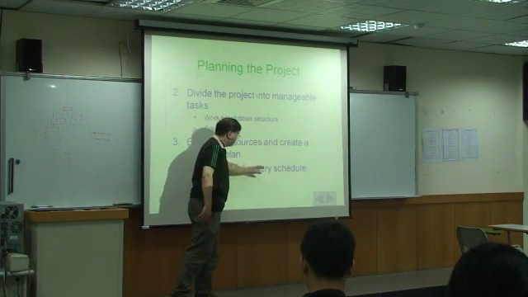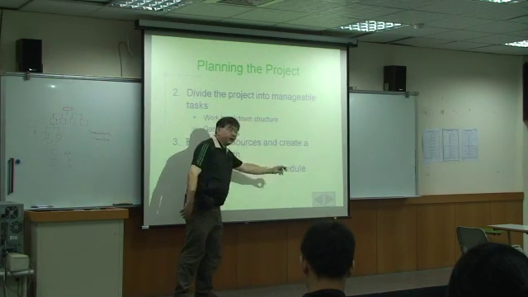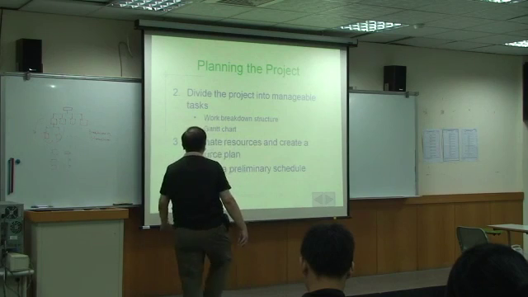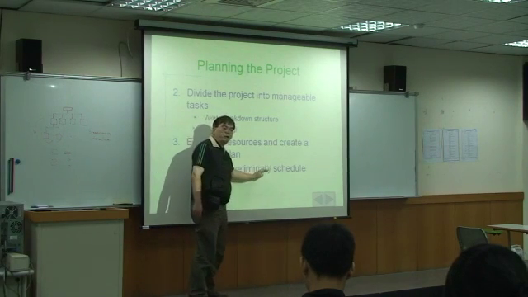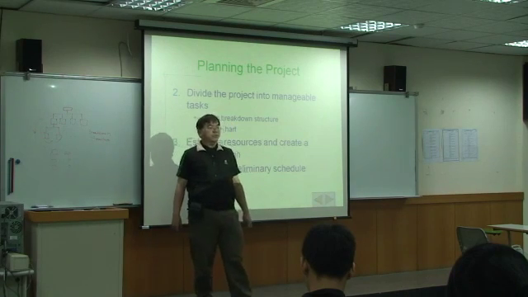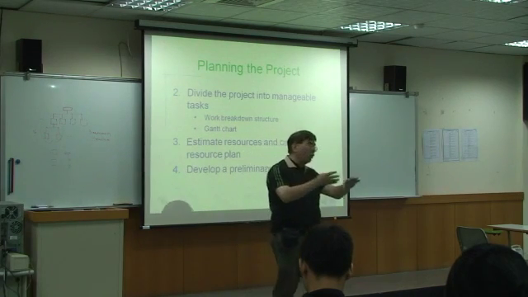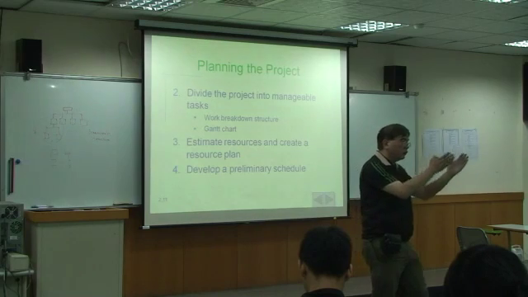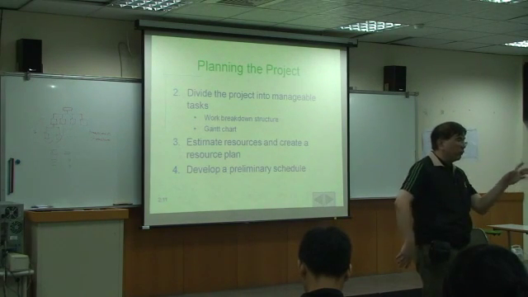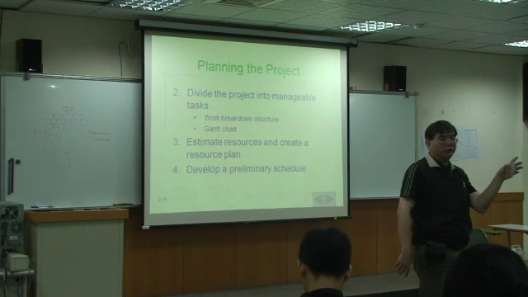Develop a preliminary schedule. This means, based on the Gantt chart, we can do the time breakdown structure. The time breakdown structure means we can cut our time into segments. For each segment of time, we have to finish some tasks.